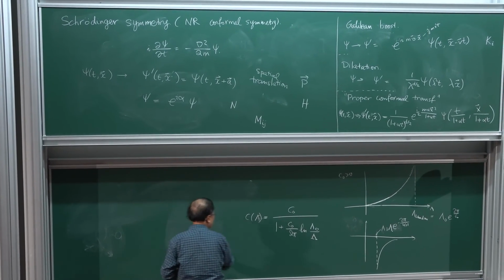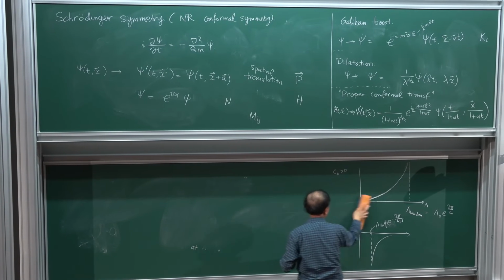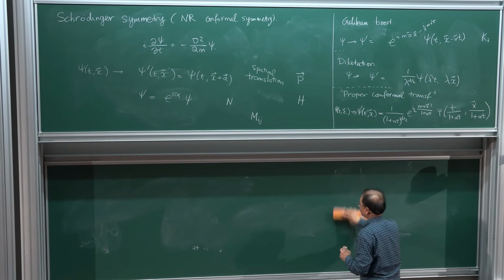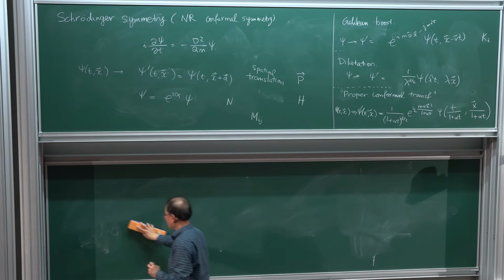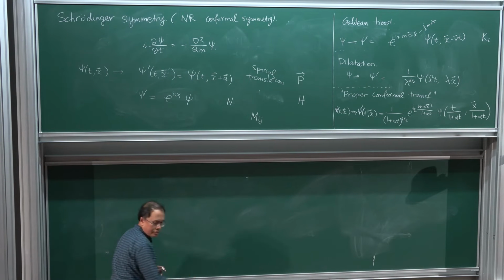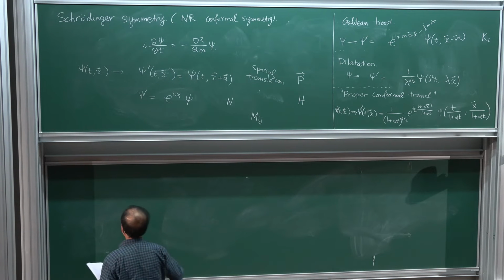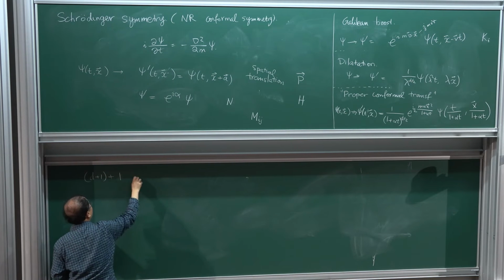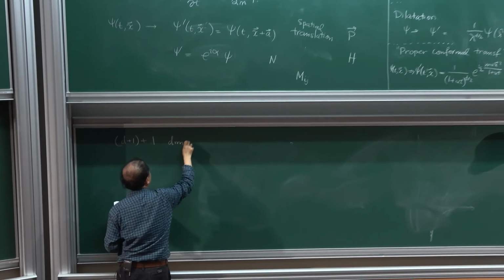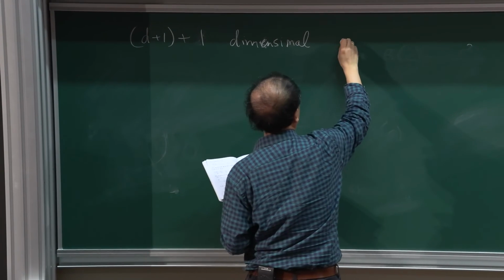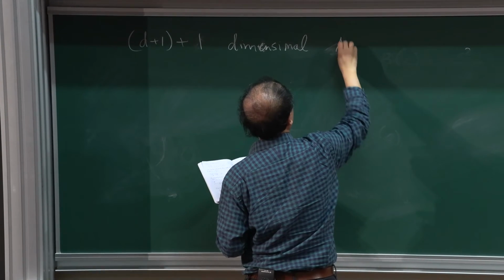Okay, so we can do the following exercise. Let me take the usual relativistic, so let's consider d plus 1 dimensional relativistic space, Minkowski space.